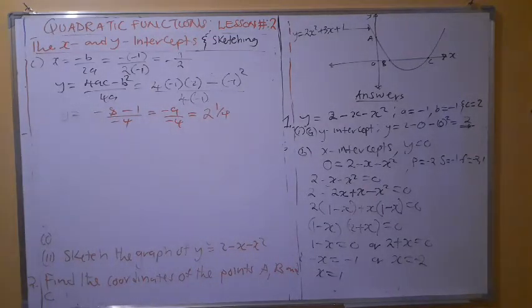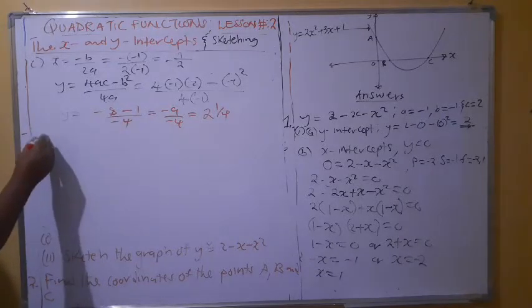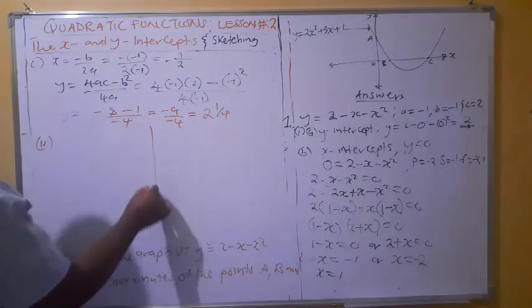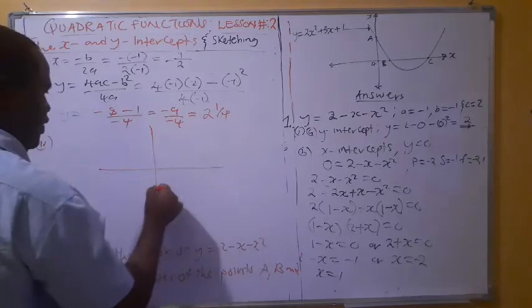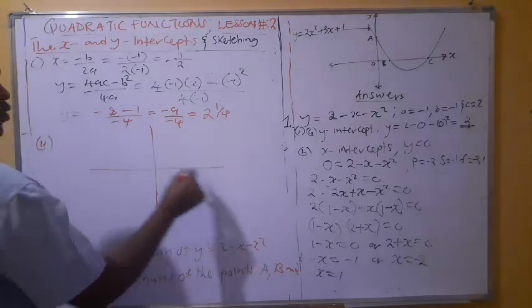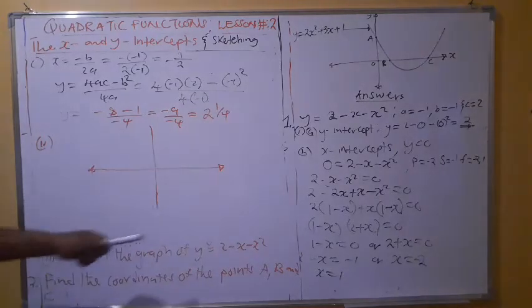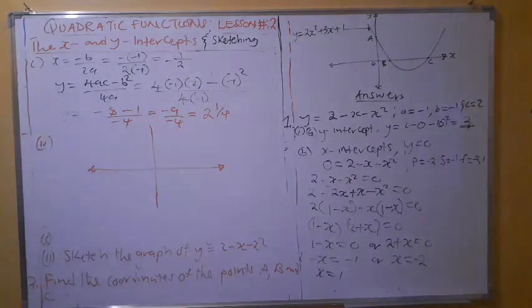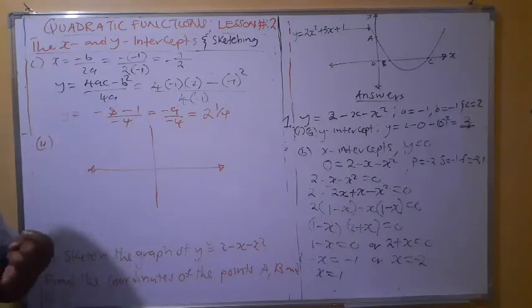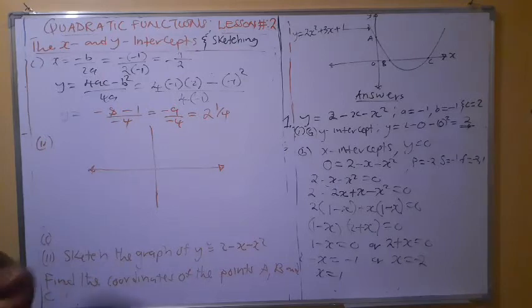So, for Roman numeral 2, for you to sketch, you need to do the x or y plane. If a question came like this, to say sketch this one, what are you supposed to do? You need to find the x-intercept, the y-intercept, and the turning points.